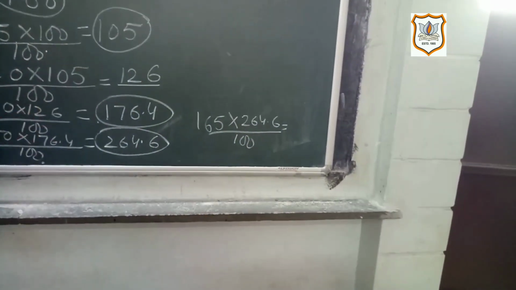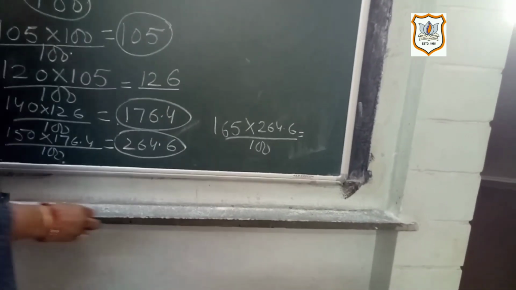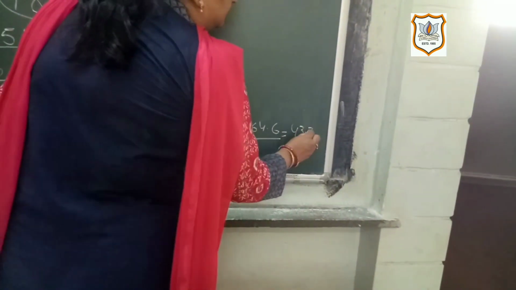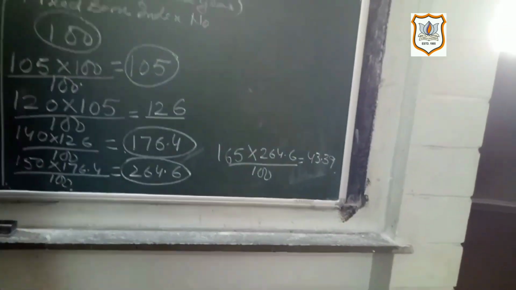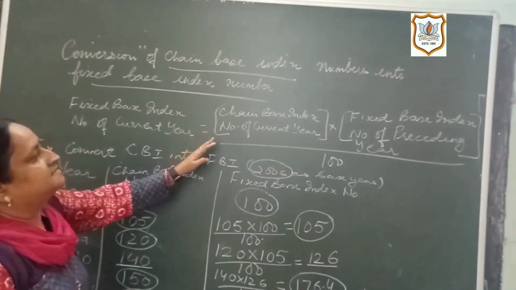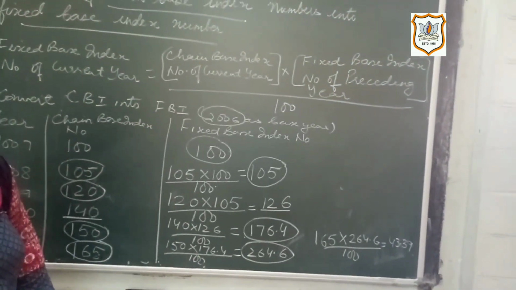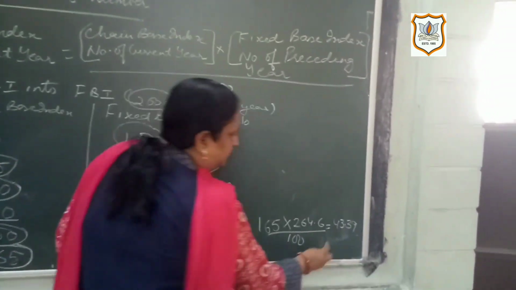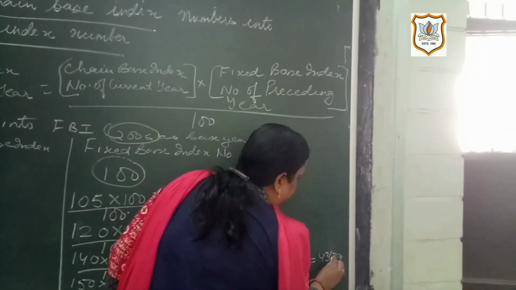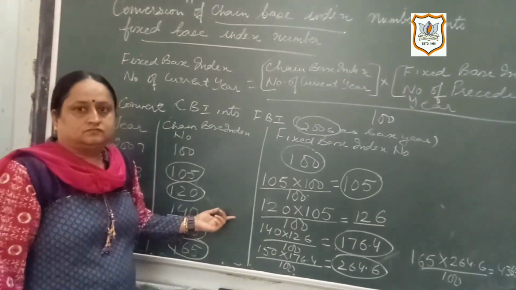And when you solve it out, you will get the value 436.39. In this way, you can convert chain base index number into the fixed base index number. Remember this thing, this is 436.39.